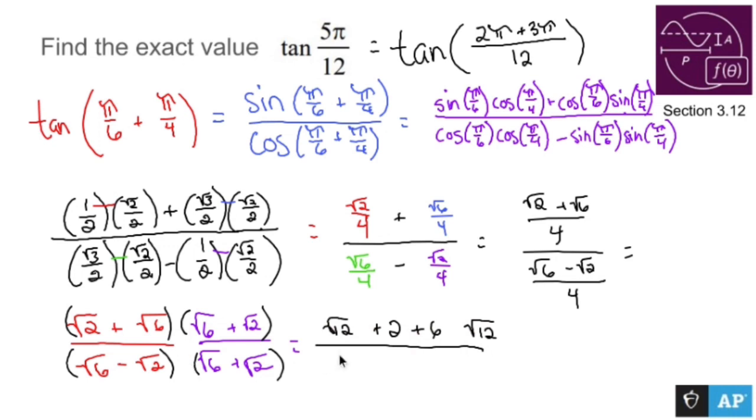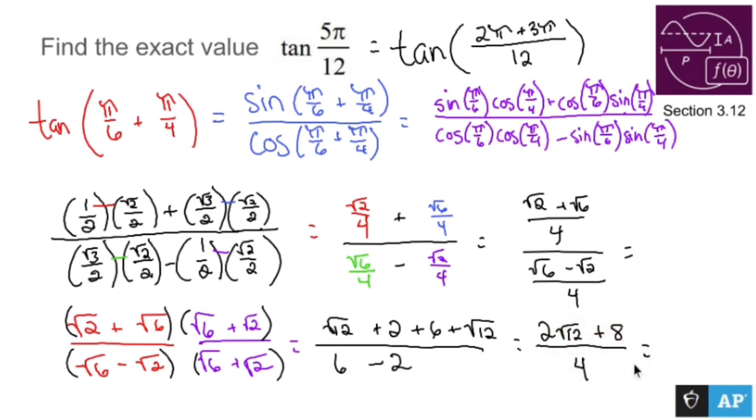Downstairs, root 6 times root 6 is 6, plus root 12 minus root 12, so the root 12s go away. Root 2 times root 2 is 2, so that's going to be minus 2. So that's 2 root 12, if I add the 2 root 12s together, plus 8. And 6 minus 2 is 4.